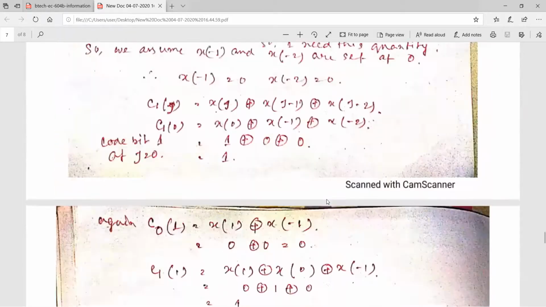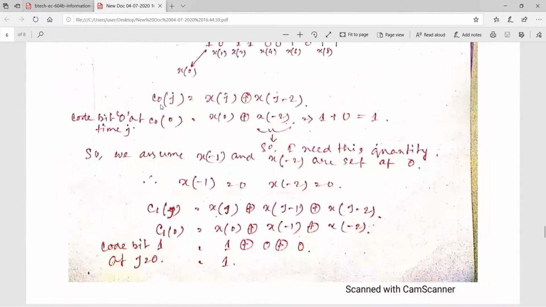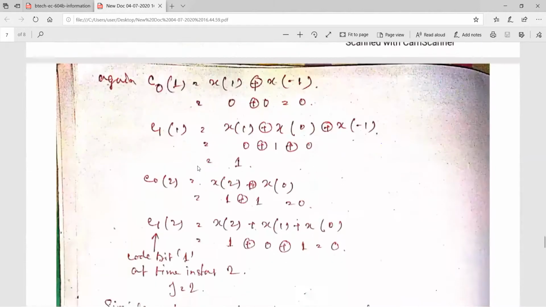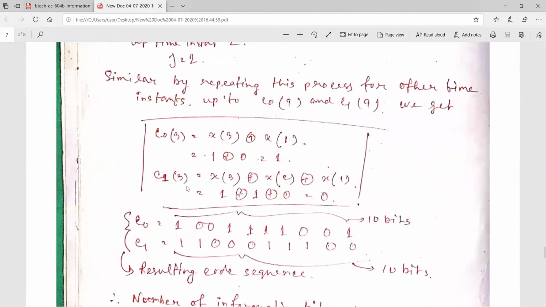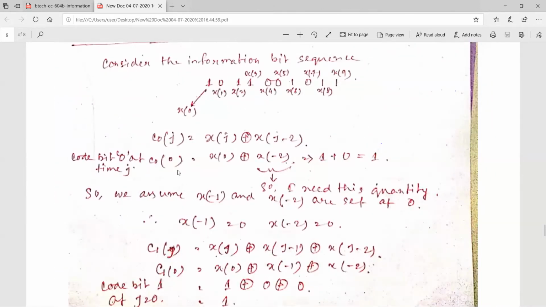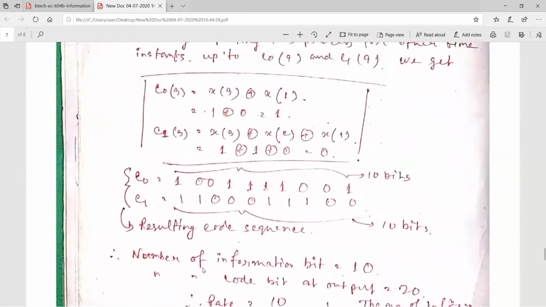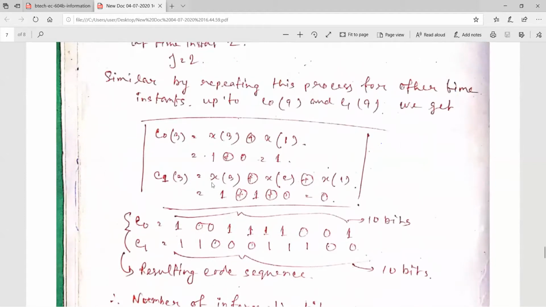So we have calculated from C00 to C03 and also C10 to C13. So the similar process will be repeated for the other time instants.